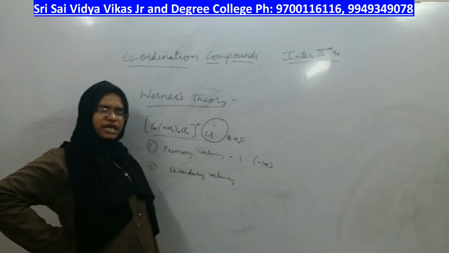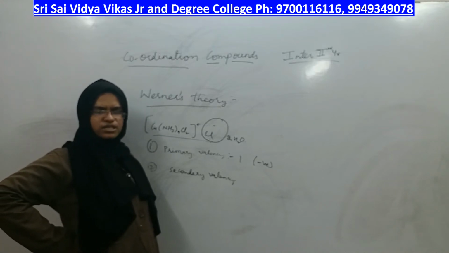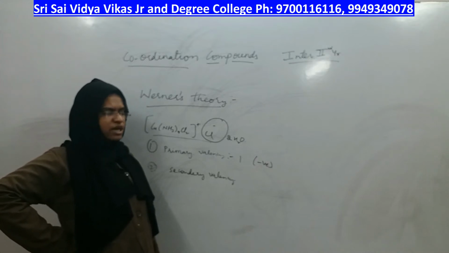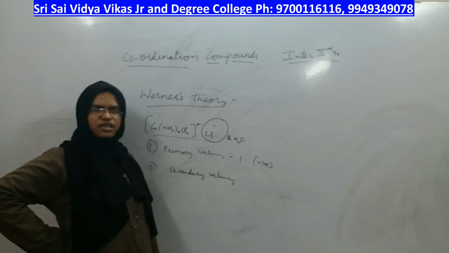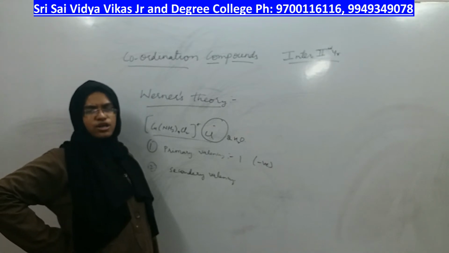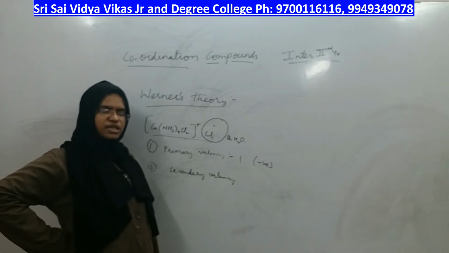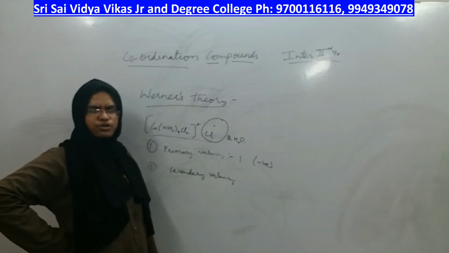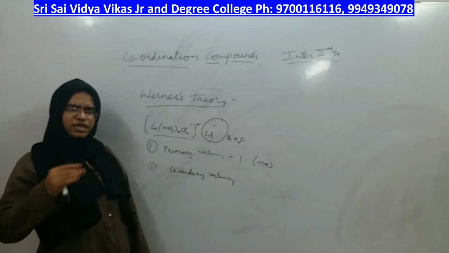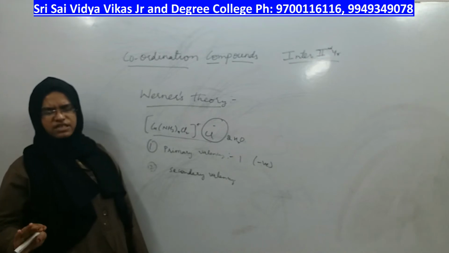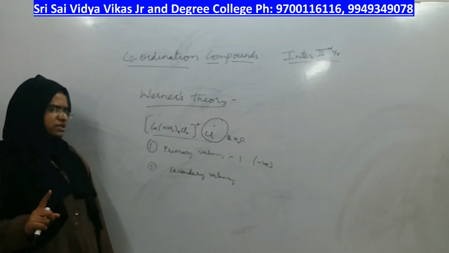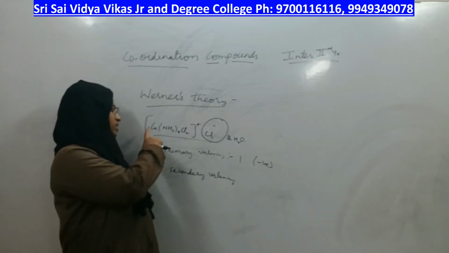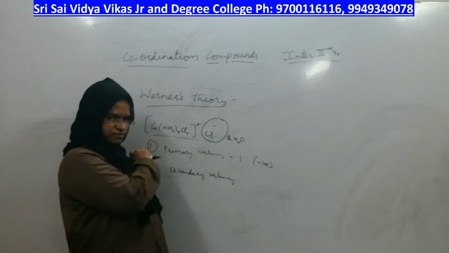How many like that are present around the central metal ion, and that atom or group can be either negatively charged or a neutral molecule. It can be anything, negatively charged or neutral, but where should they be present? They should be surrounding the central metal ion, right?